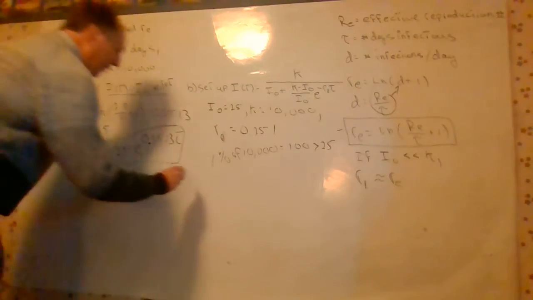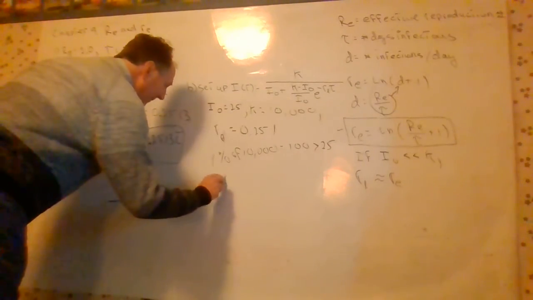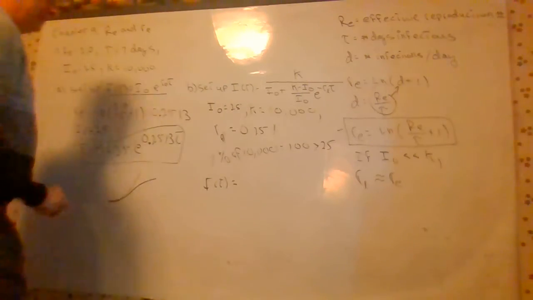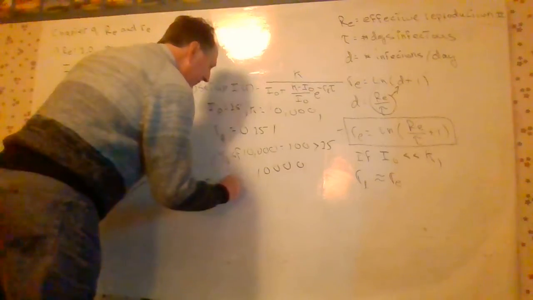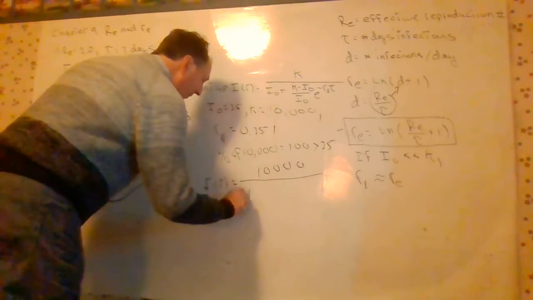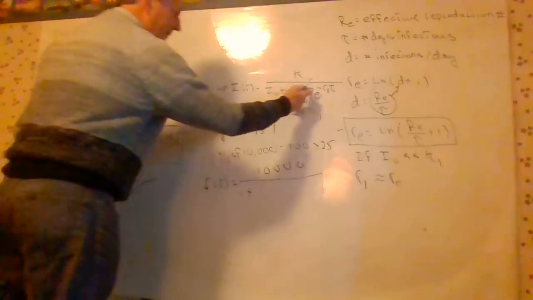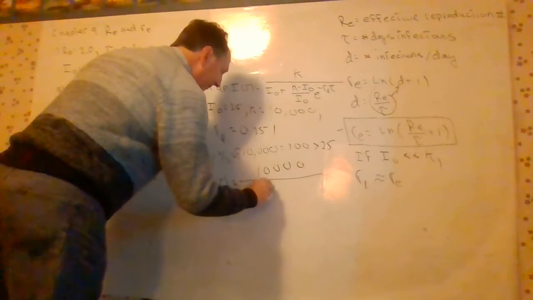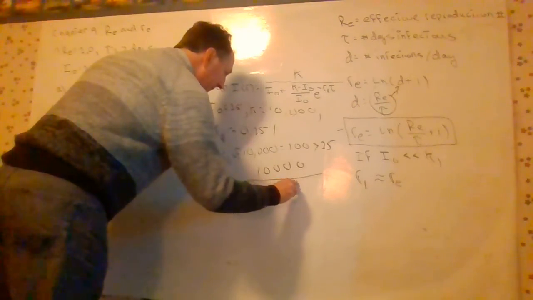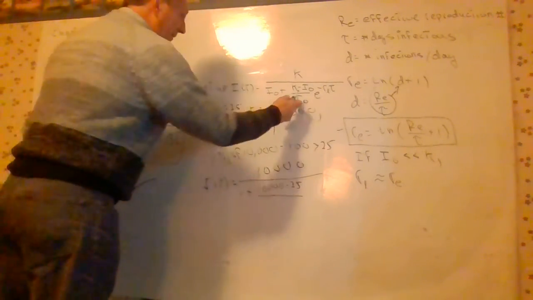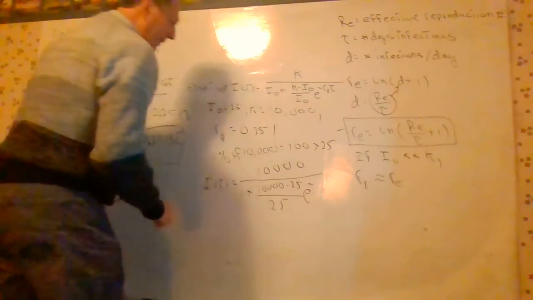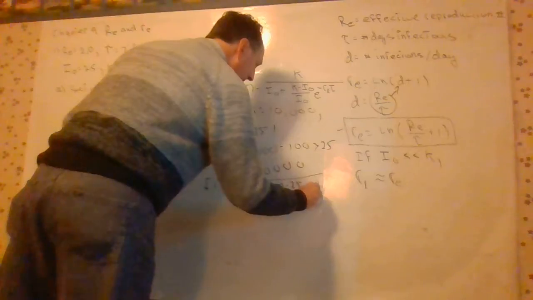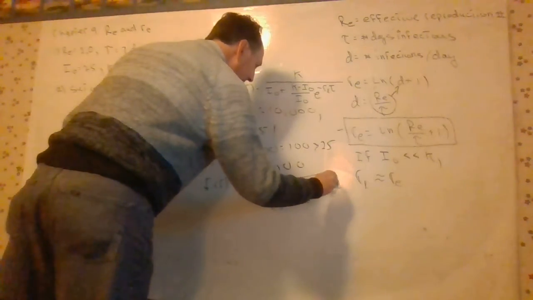So now our model is I of t is equal to, K goes on top, 10,000 divided by 1 plus 10,000 minus 25 divided by 25, e to the negative 0.251t.